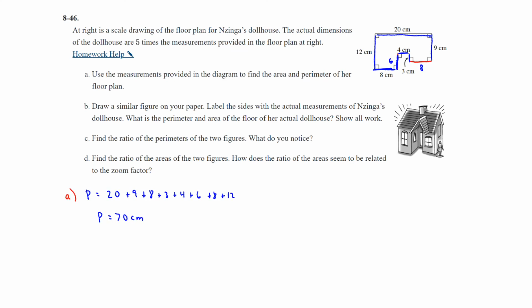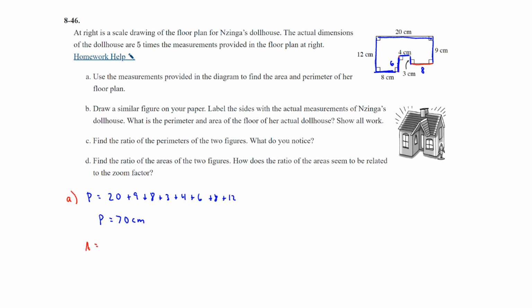Now the next part, we want to find the area of the floor plan. So let's break this up into parts. Once again, it could be done a lot of different ways. We could find the area of the whole thing and then just cut out the missing sections. That's a possibility. We could find the area of different parts, like here are 3 different rectangles that we could do.